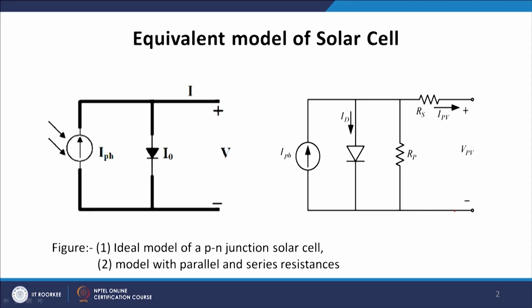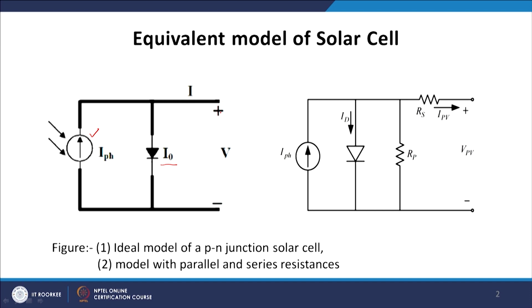Here we are showing the equivalent model of a solar cell. As you can see, the first diagram, figure 1, is the ideal model of a p-n junction solar cell. Here we have a current source IPH, which is connected in parallel with a diode, and since this is an ideal model, there is no resistance.